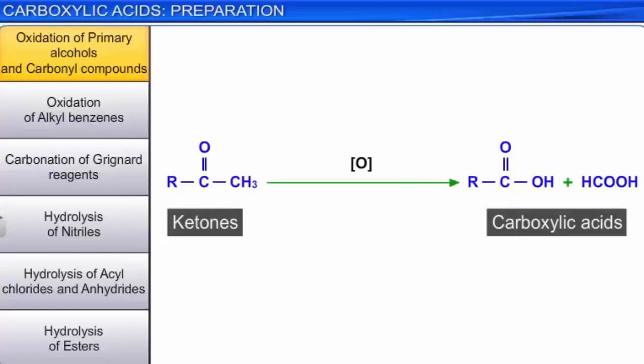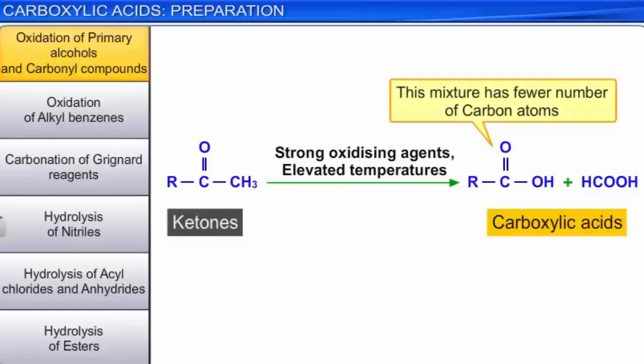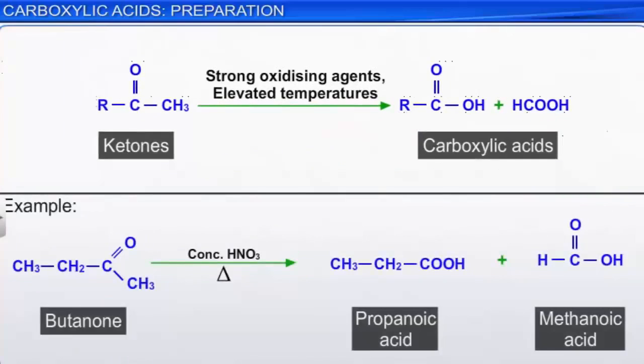However, ketones are oxidized only under vigorous conditions, such as strong oxidizing agents and elevated temperatures. Under these conditions, ketones form a mixture of carboxylic acids with a fewer number of carbon atoms, as shown here. For example, butanone, on oxidation with hot concentrated nitric acid, gives a mixture of propanoic acid and methanoic acid.